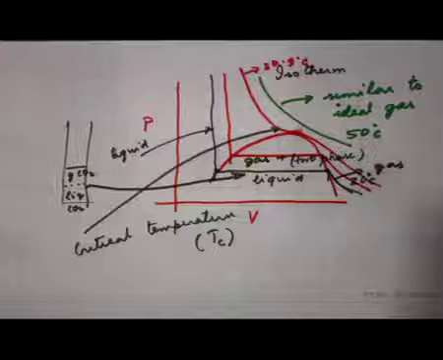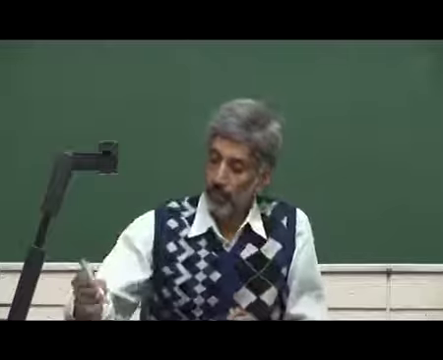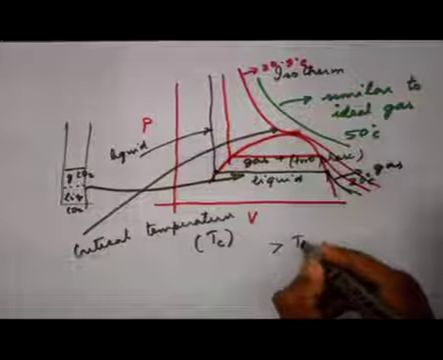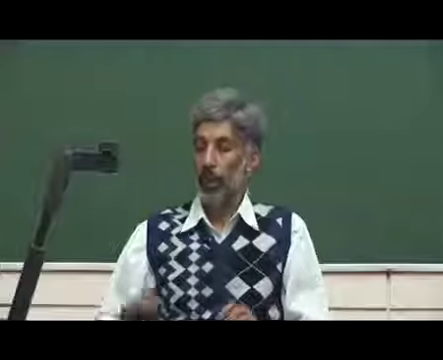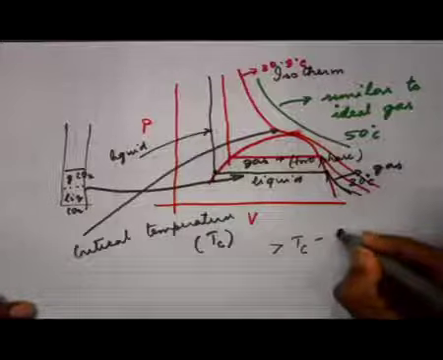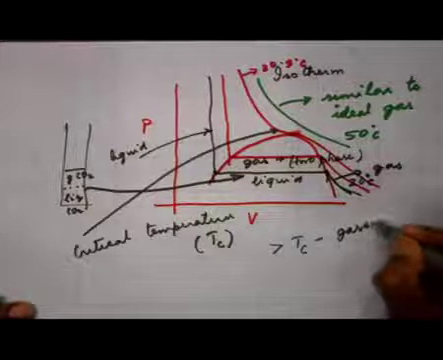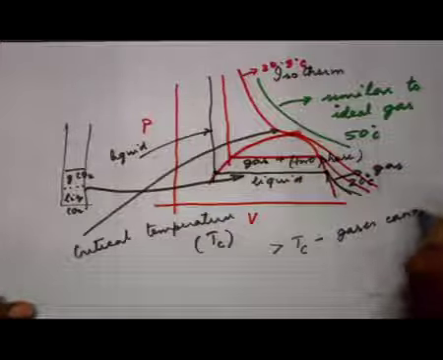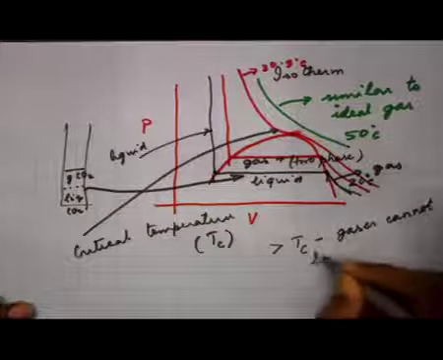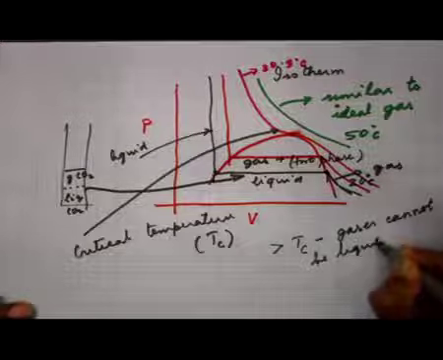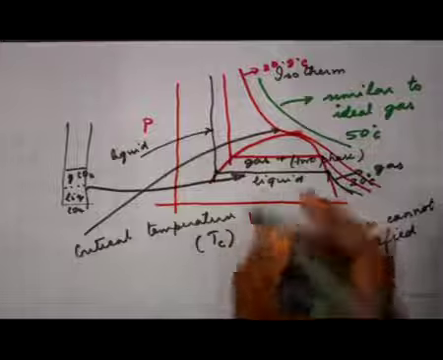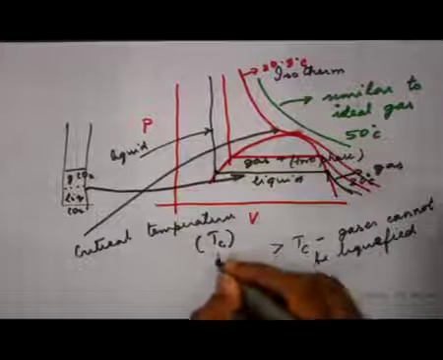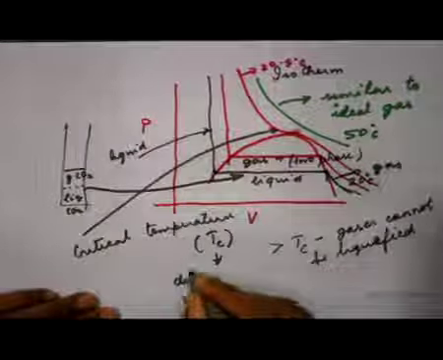So, what are we saying? We are saying that above T C, no matter how much pressure you apply, gas cannot be liquefied. Now, T C varies for different gases.